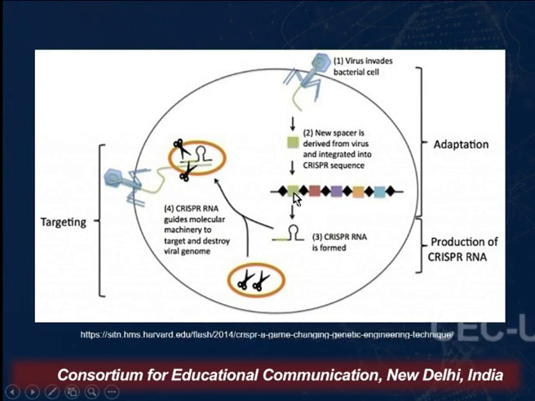So they are like the memory of this particular infection. They will be transcribed into single guide RNA, and this RNA will then combine with the nuclease molecule to create this CRISPR-Cas system. It will act when there is a second infection, for example, by the same bacteriophage.